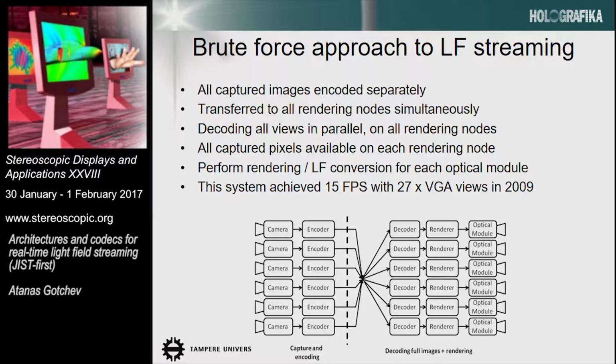Now the brute force, the direct approach, is to present the entire light field to each of this decoder renderer chain, so that each decoder decodes everything, all streams, and then picks up the rays needed for this particular projector position. While this is a kind of naive approach, it also allows us to analyze the bottlenecks and to see how to address them.